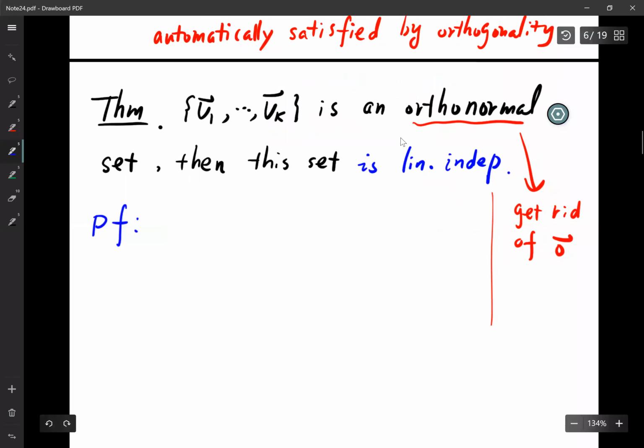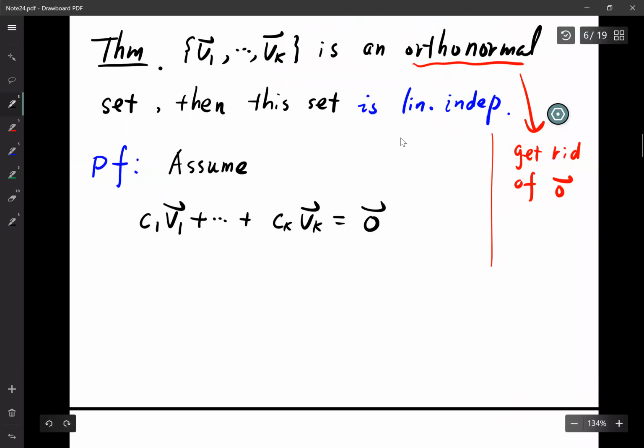To prove this, assume we have a vector equation, c1 v1 plus and so on up to ck vk equal to the zero vector. Now what I'm going to do is a very general technique that we're going to use again and again in chapter 6, which is to do a dot product on both sides of the equation.